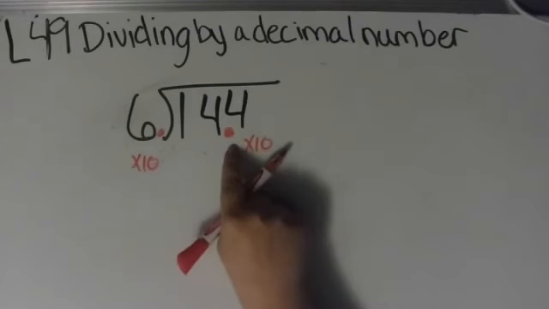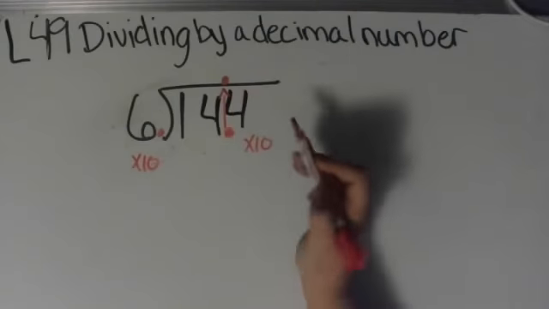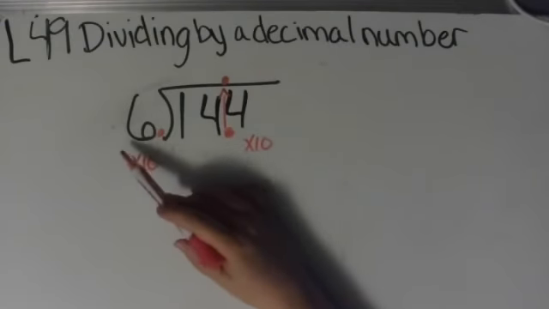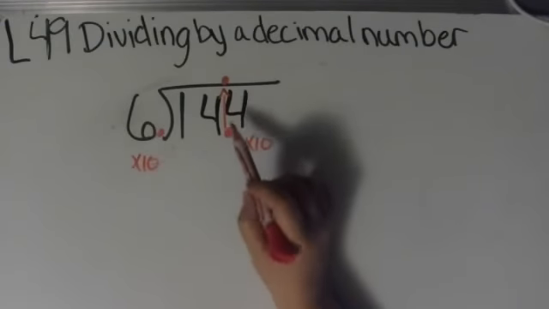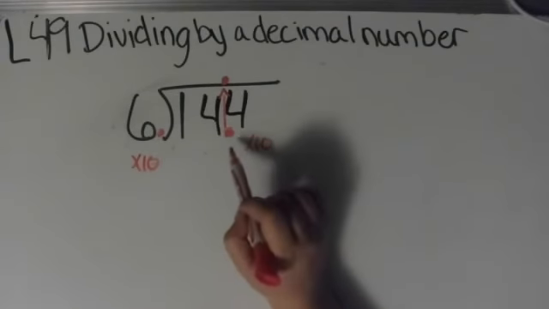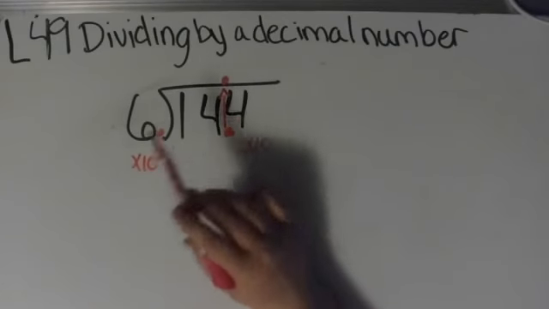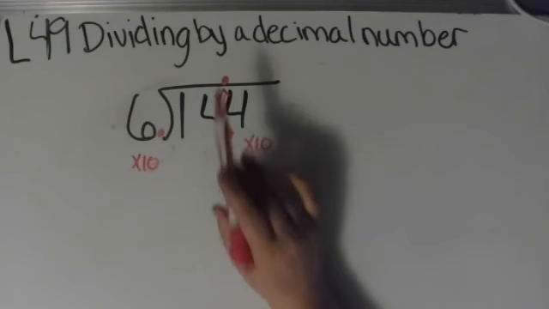Now this decimal we know how to deal with because we already know that when there's a decimal inside your dividend, when you are dividing, you just move it straight up. This is sometimes referred to as over, over, up, because you move this decimal over, move this decimal over, and then if this decimal is still here, you move it up. So over, over, up.